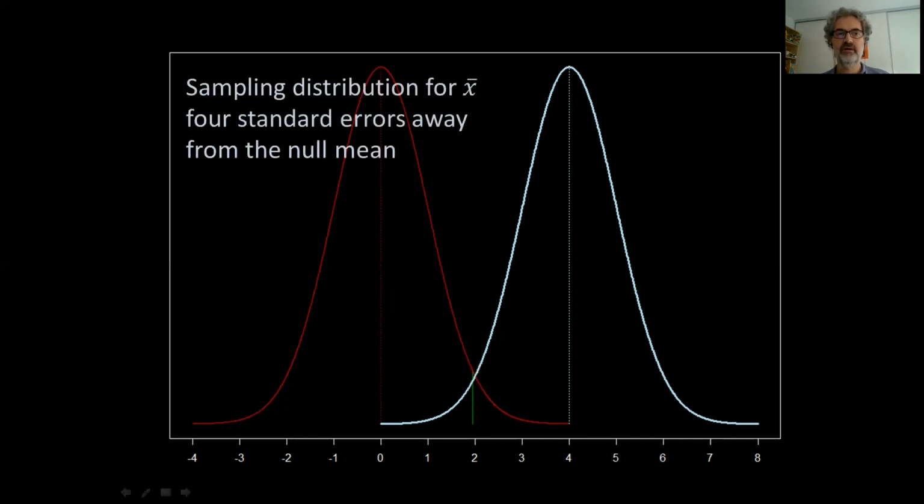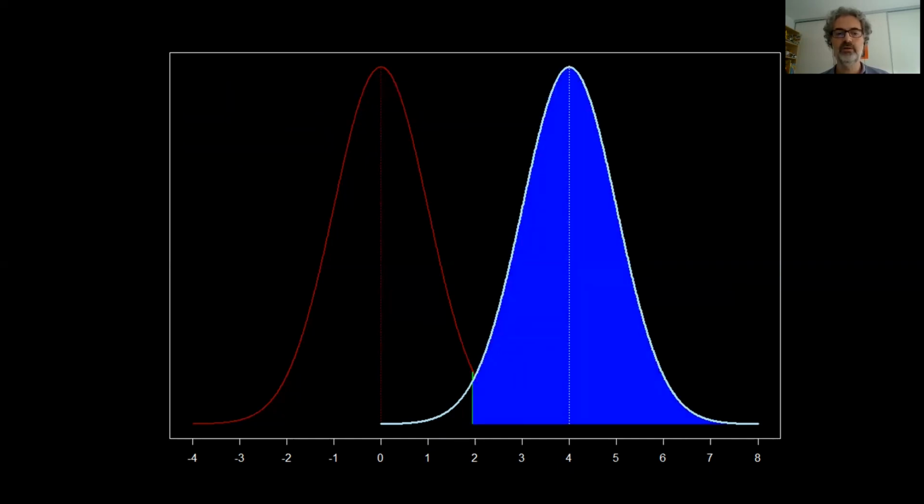If you are 4 standard errors away from the null mean, but you don't know that, you just have one sample, you'll get one sample from somewhere in here, but now all of this region would lead to rejection of the null hypothesis because it's outside the criterion. And only this small region would lead to incorrectly retaining the null hypothesis. That would be a type 2 error.